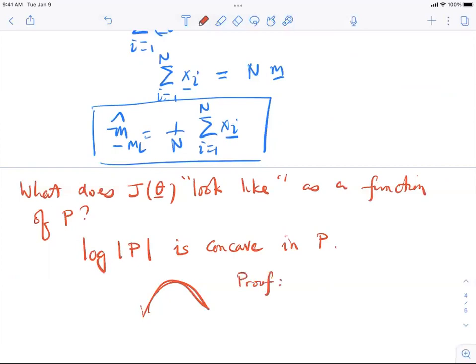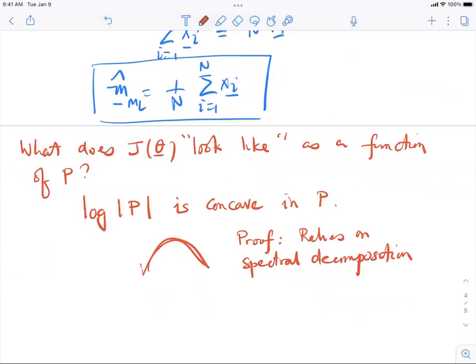One possible proof relies on the spectral decomposition of positive definite matrices, which gives me positive eigenvalues, and the concavity of the scalar log of x, where of course we are interested in the regime of x being positive. So we'll just assume this, right?